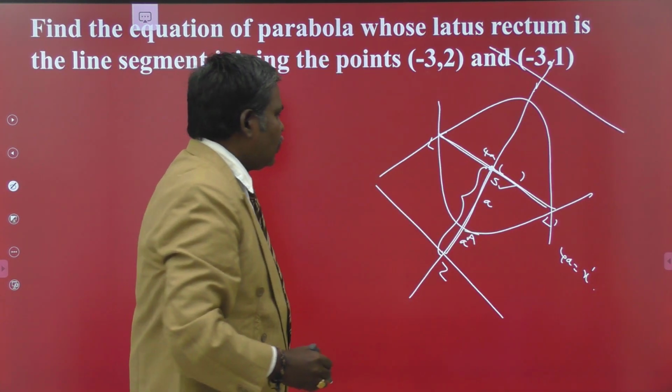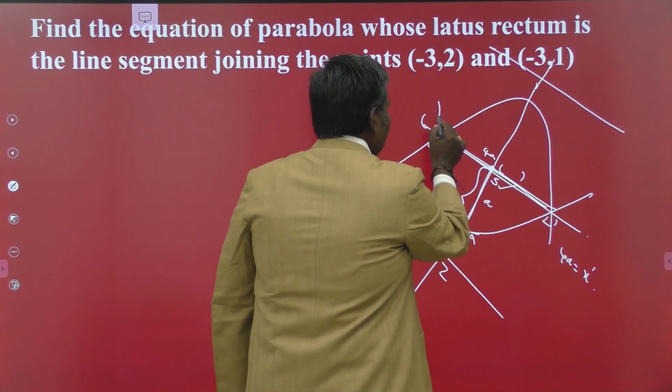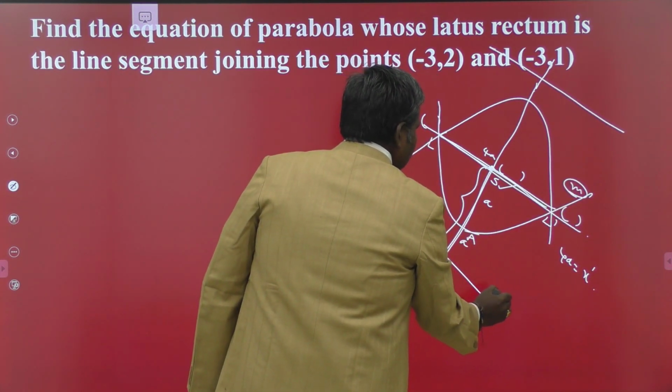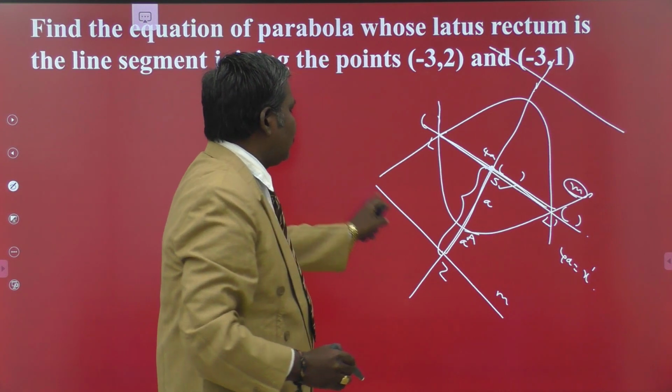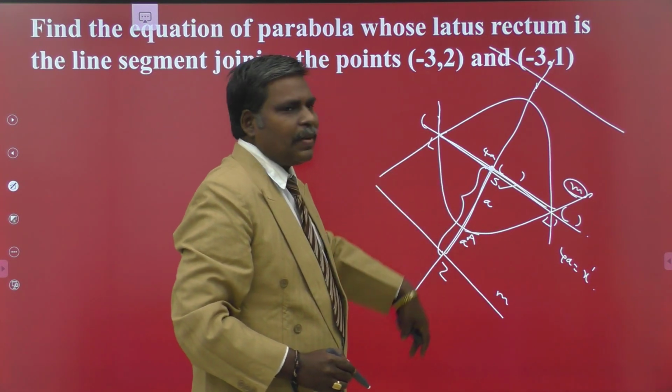2a. Now you know the slope of LL dash, because you have the coordinates of L and L dash. The slope of the directrix is equal to the slope of the latus rectum, because these two lines are parallel.